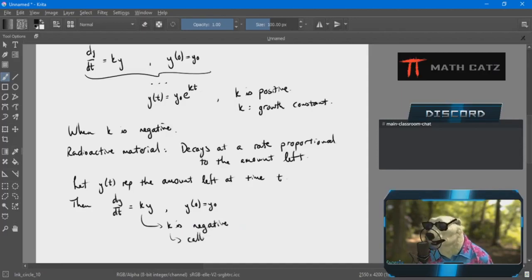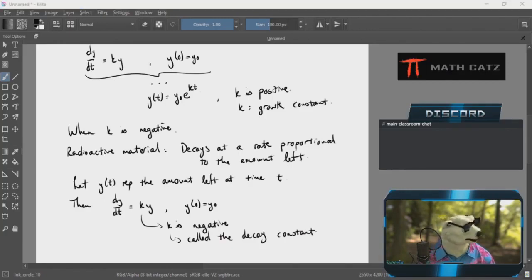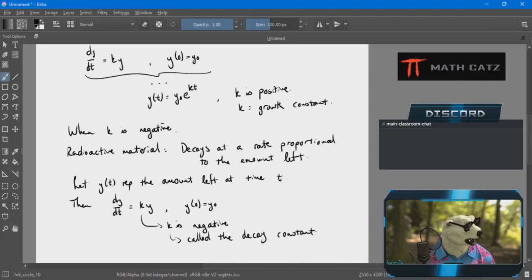and k is called, in this case, when I'm talking about an amount decreasing, the decay constant. But I have a very similar situation to what I've had before. It's the same differential equation in appearance, it's just that the k constant is now a negative number. So how I'm going to solve this isn't going to change because the differential equation looks exactly the same.